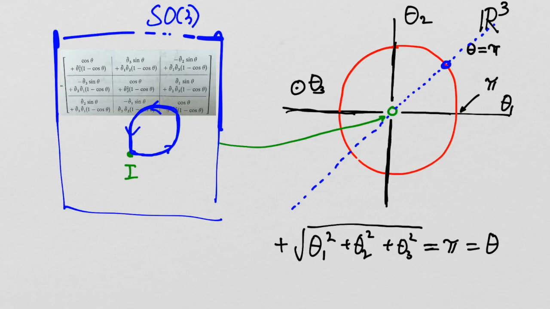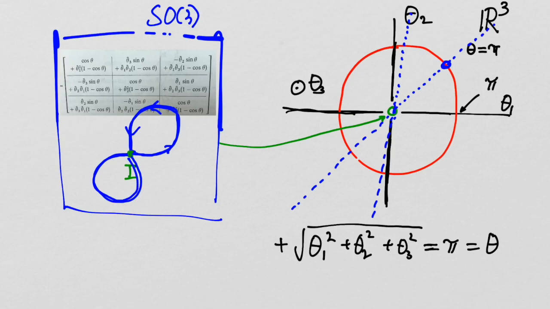And that is true no matter what direction I wander off in the parameter space. No matter what direction I go, I will always leave the identity and return and follow the same loop over and over and over again.